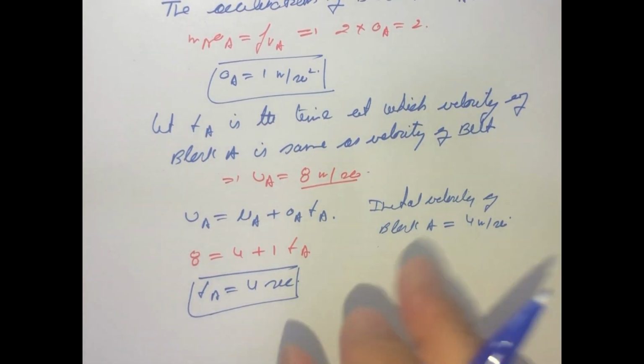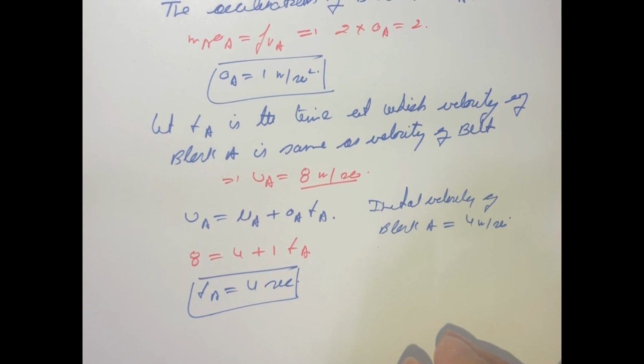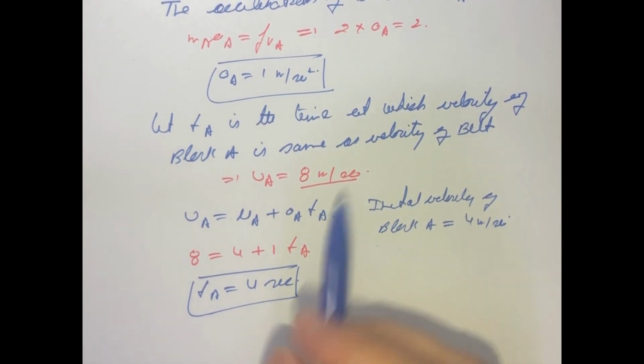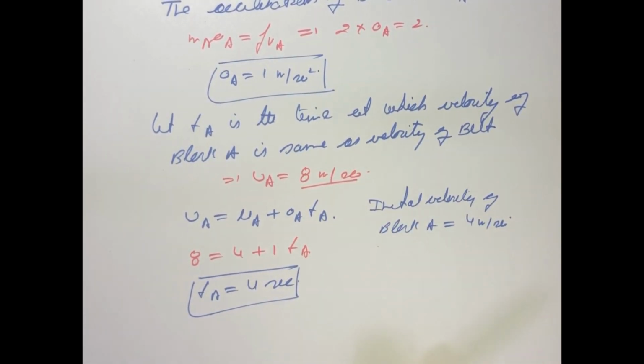Similarly, let's find out the time for block B when its velocity becomes the same as that of the belt.